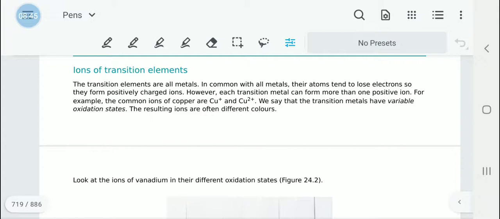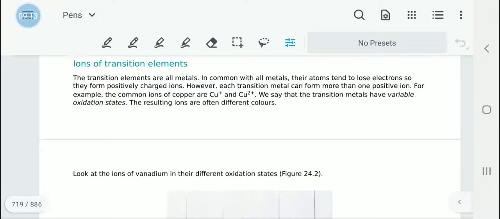Transition means it changes. There are variable oxidation states, and the interesting part about these variable oxidation states is that these ions have different colors.